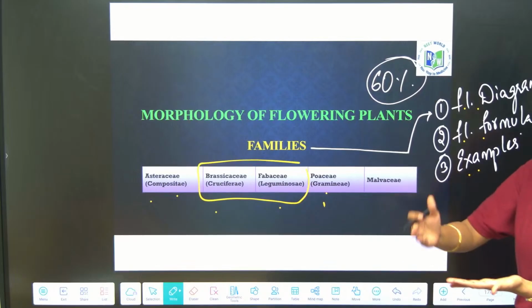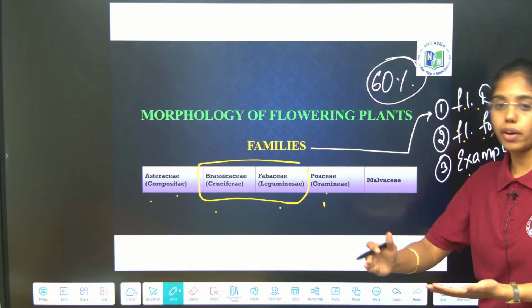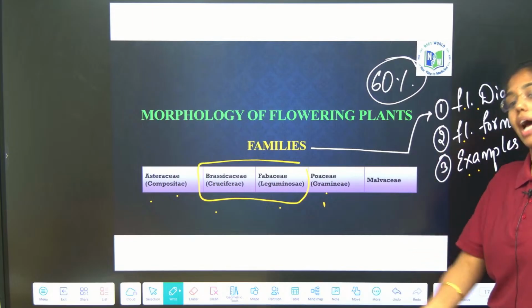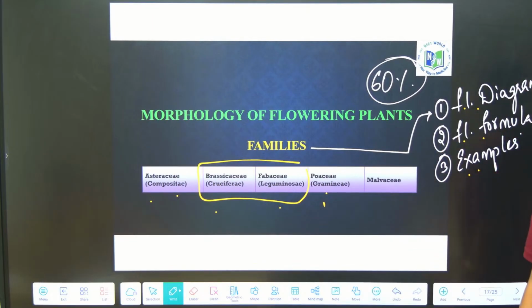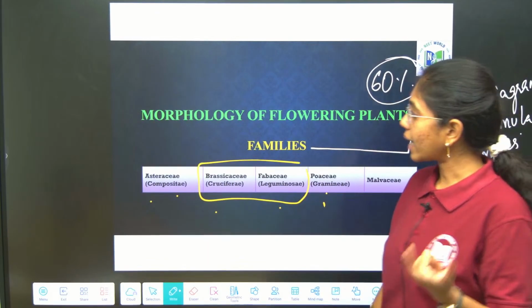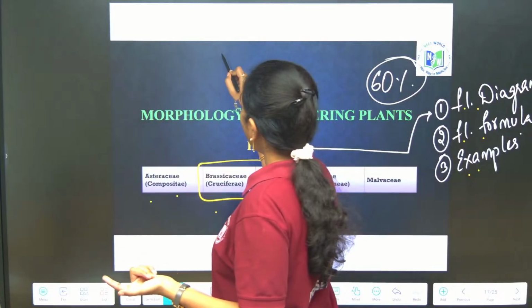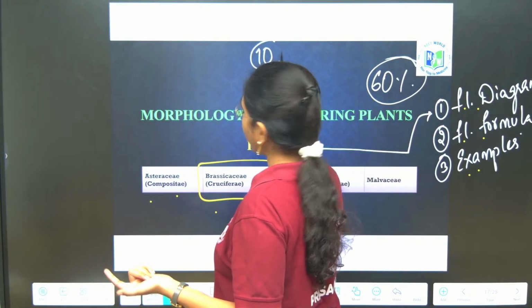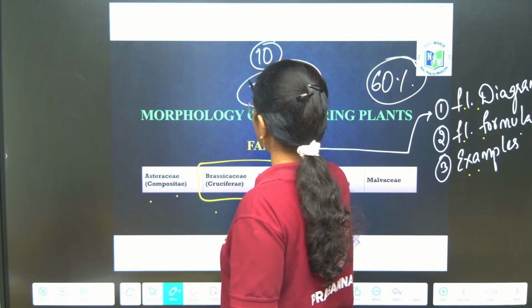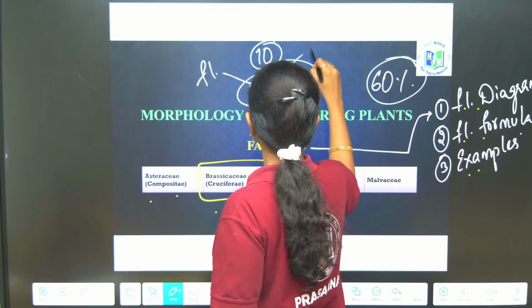After families, I advise you to go to floral characters. After that, seed and fruit, and then lastly vegetative characters. If you compare NEET PYQs, out of 10 questions, I can say a 7:3 ratio, 7 for floral and 3 for vegetative.